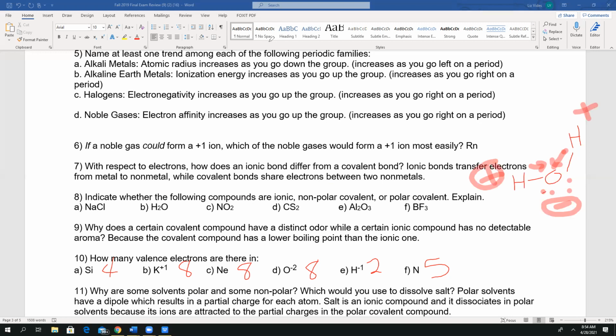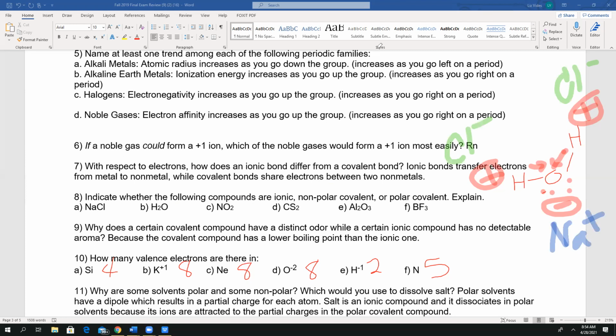Sodium chloride comes along, and sodium is going to be your positive. So sodium comes here, and your chlorine comes here. See? So it's going to be attracted that way.